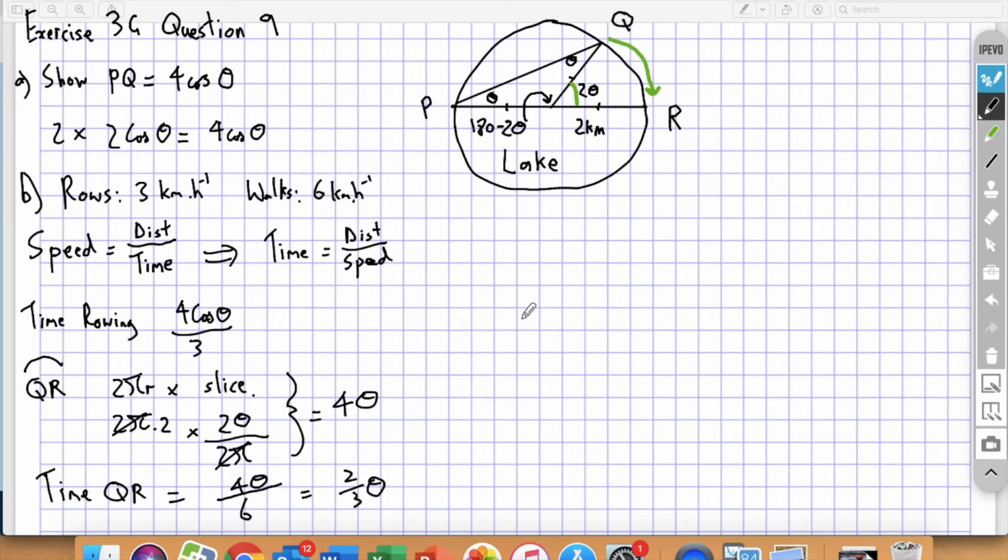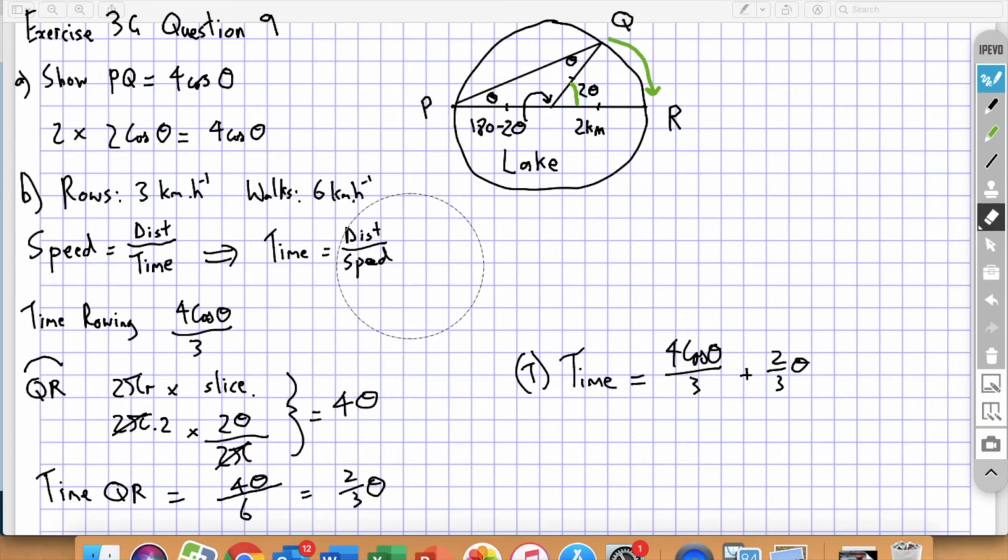All right, so the time for the whole journey, time equation, which we'll probably just call T, equals that 4 cos theta on 3 plus 2/3 theta. All right.